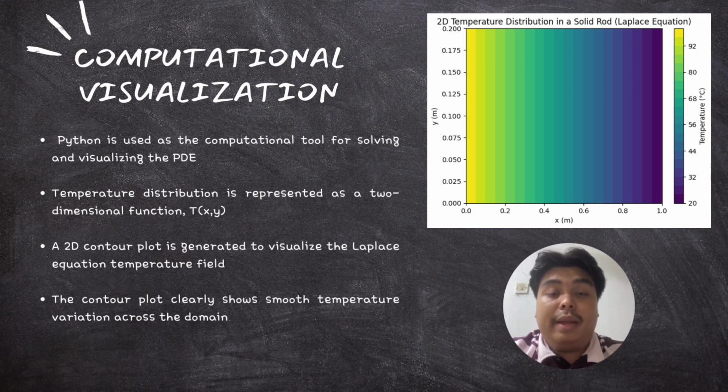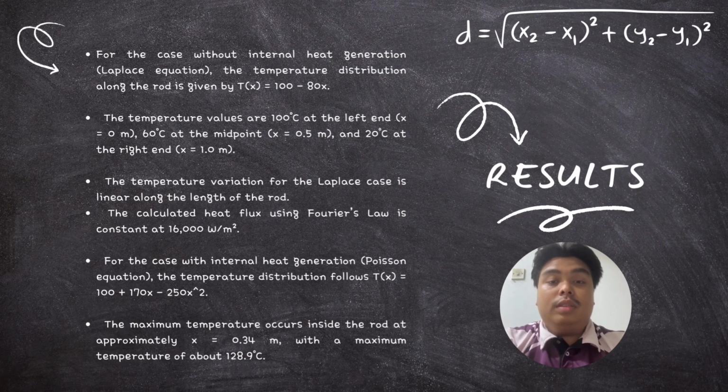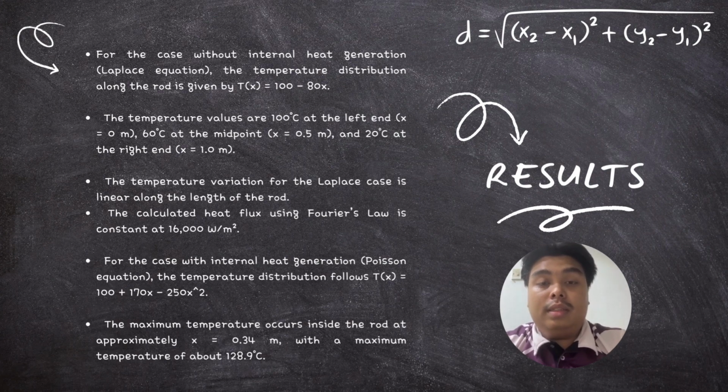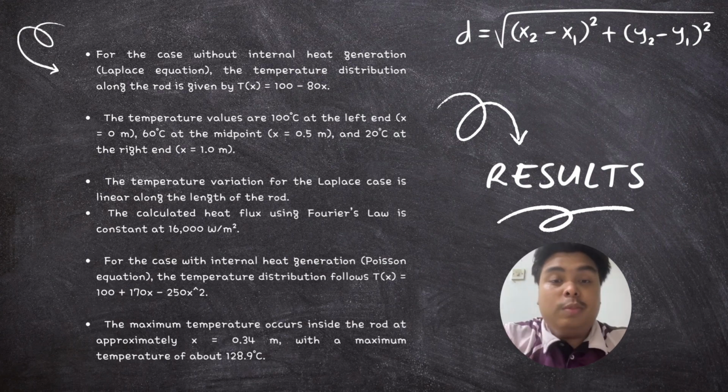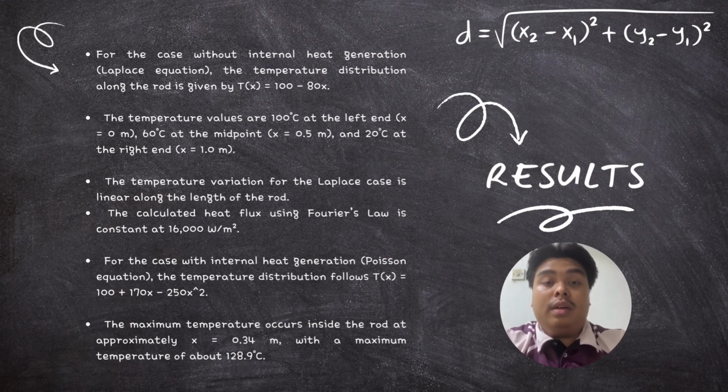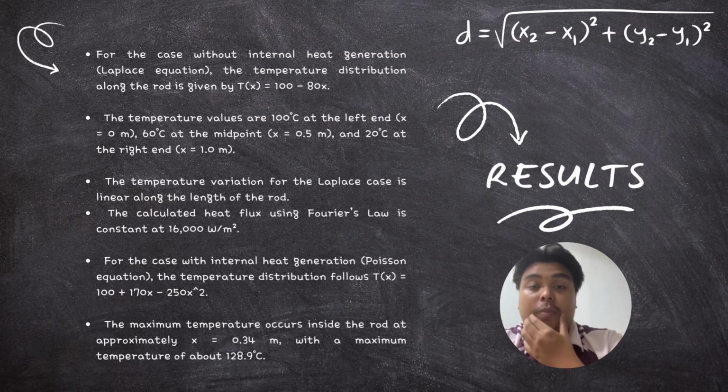So the last part of my presentation is about the results. I will explain the results based on our group project. Basically, for the case without internal heat generation governed by the Laplace equation, the temperature distribution along the rod is given by T(x) = 100 - 80x.